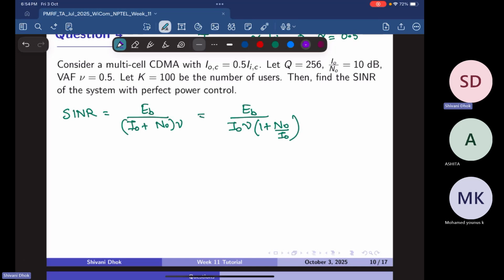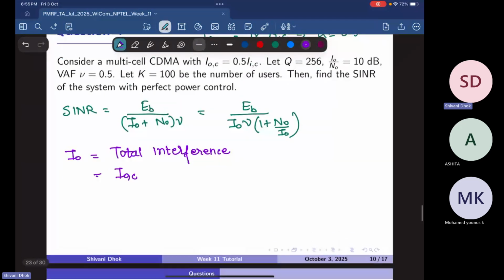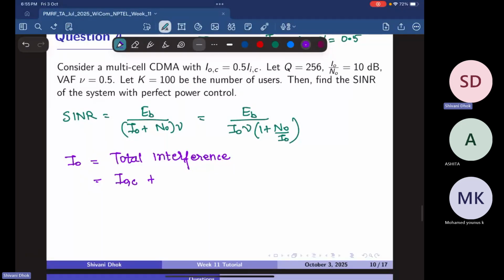Okay, so this I0 is total interference. So this is basically interference from other cells plus your interference from the same cell.